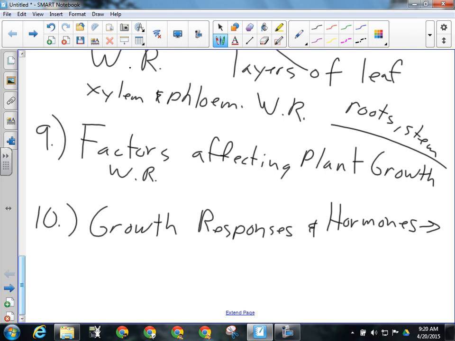Okay, because that was the last thing we covered, the tropisms. Phototropism, geotropism, and thigmotropism. The mechanism for all of them is the same, and that you'll need to explain.